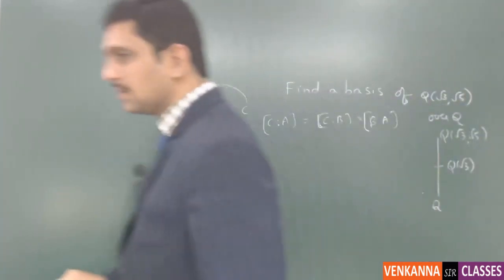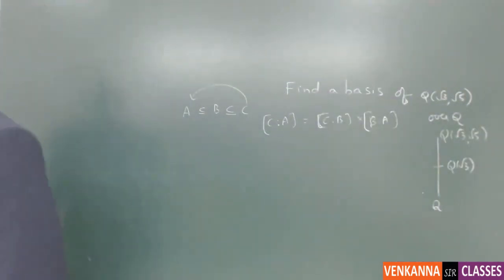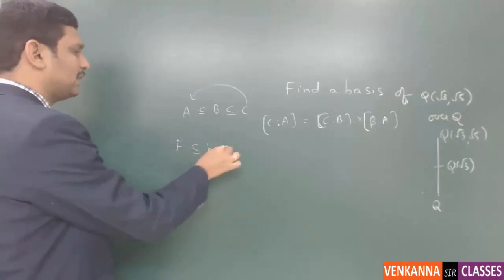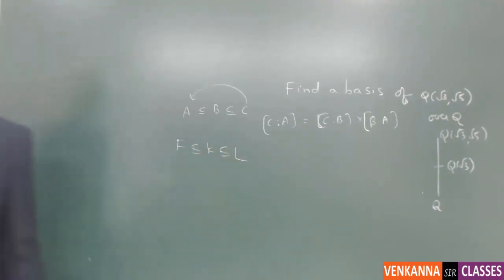Did you recollect the theorem we mentioned? There you used F subset of K subset of L in the previous class, I think. Accepted? The problem we did. Yes or no?